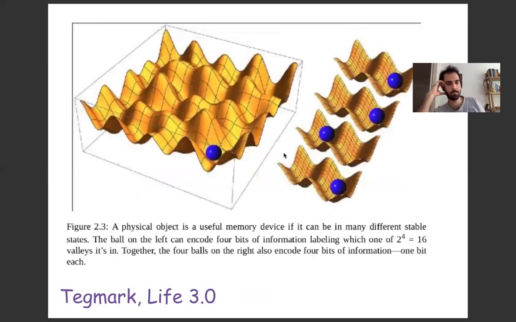This is an example from a book I like. It's an interesting book by Max Tegmark called Life 3.0. If you want to read it, I recommend it. We have a landscape here, sort of an energy landscape, and where your particle is represents information, right? Here's a bit, for example. It can be on the left or on the right. We can attribute bit 0, bit 1, okay? And you can have more complex encodings and more complex potentials.